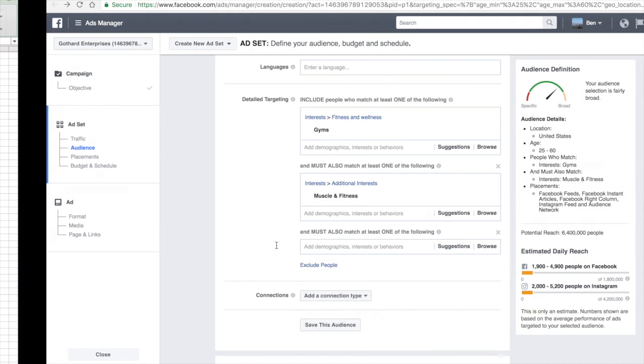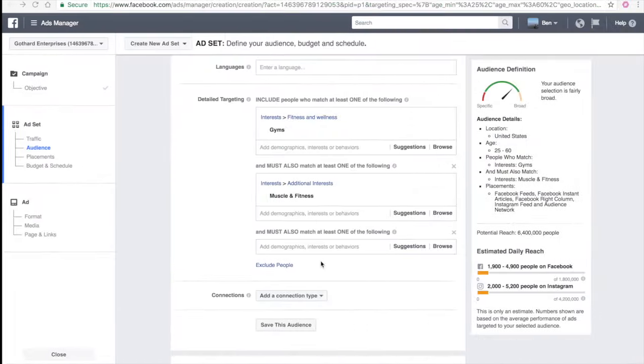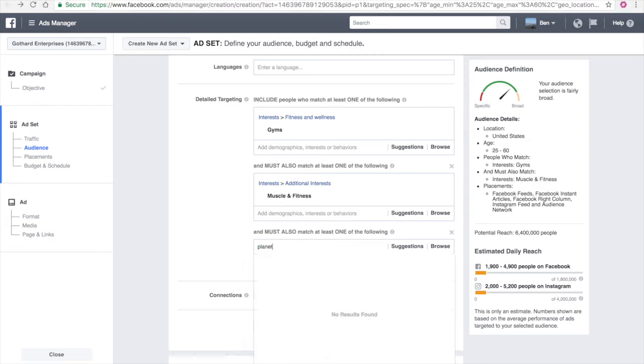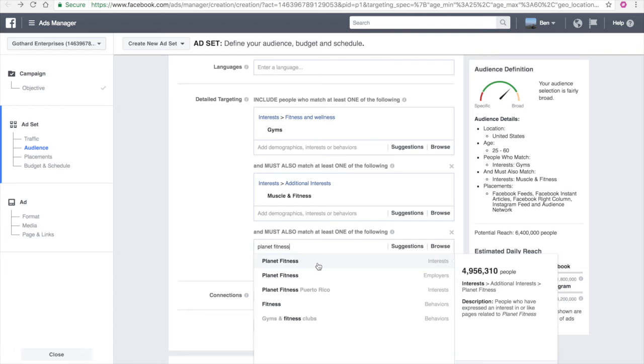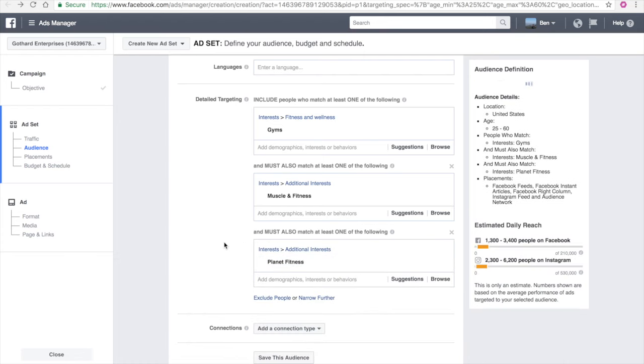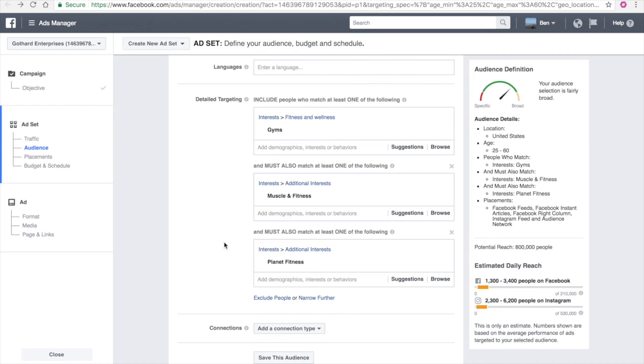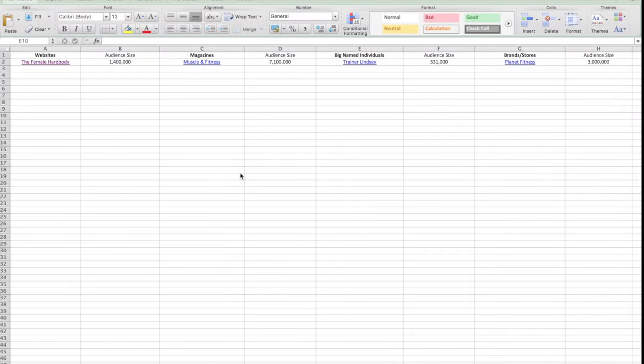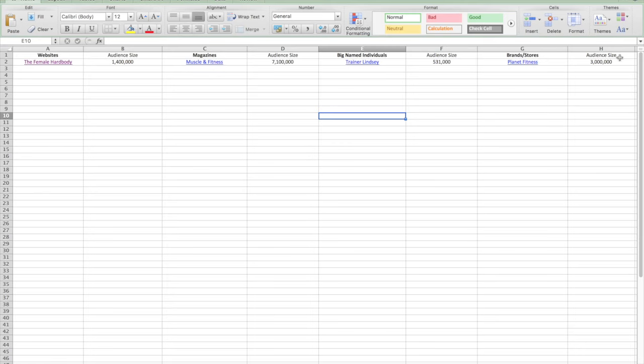So we're going to grab Planet Fitness and try to target them. See, Planet Fitness is targetable. The reason I said they probably would be is because they're a bigger page and a relatively big brand.